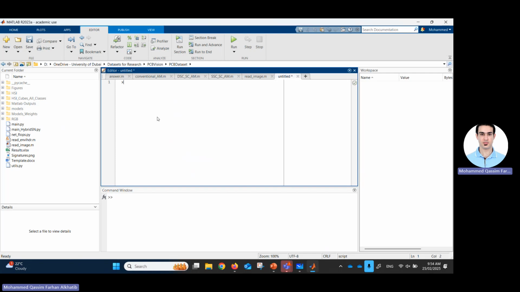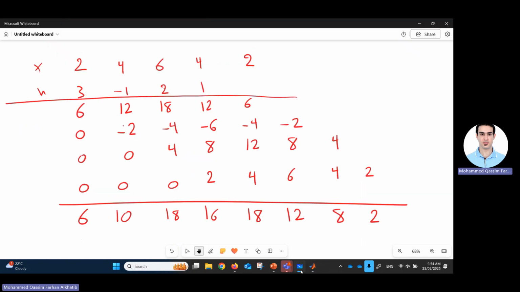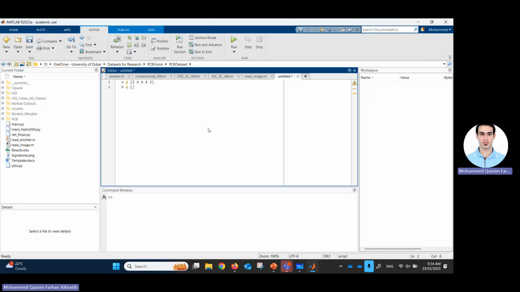Let's say x equals the values 2, 4, 6, 4, 2, and h has the values 3, negative 1, 2, and 1. And y is basically going to be convolving x with h, and we'll see the output. And there we go, that's y: 6, 10, 18, 16, 18, 12, 8, and 2.